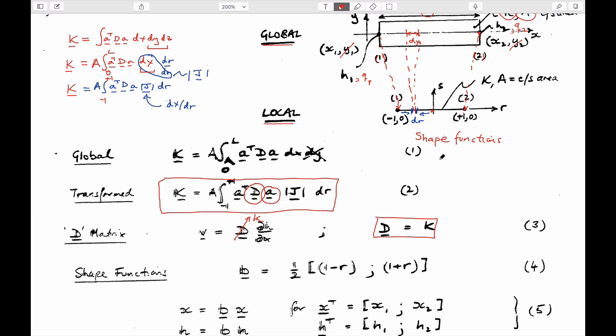So the shape function we used before said that we could calculate the head at any point, and it's equal to 1 minus x over L times h1 plus x over L times h2.